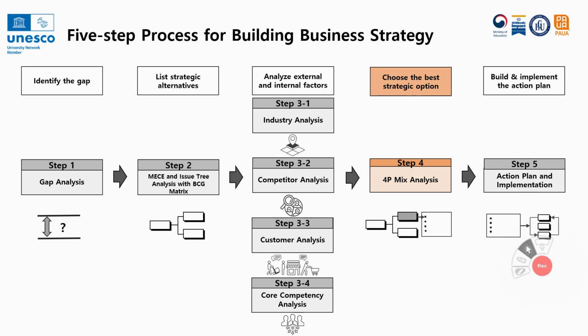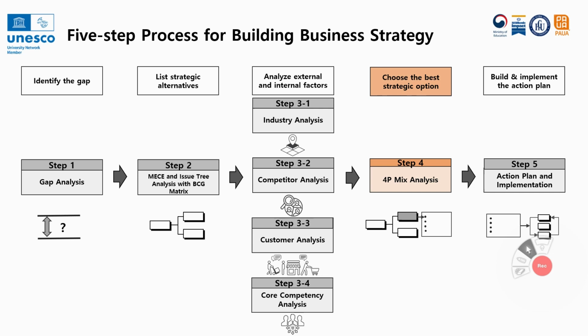First we identified the gap between the target and the current performance, and then we listed strategic alternatives for analysis. Then in step 3 we did 4 analyses: external and internal analysis, starting from industry analysis, competitor analysis, customer analysis, and core competency analysis.